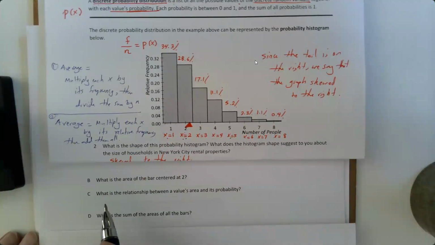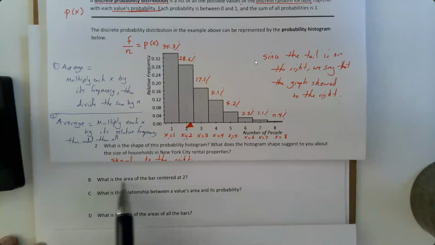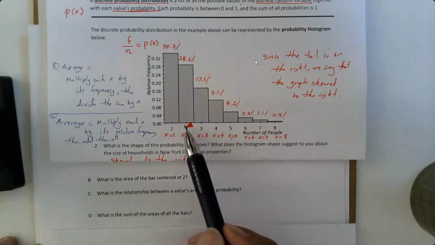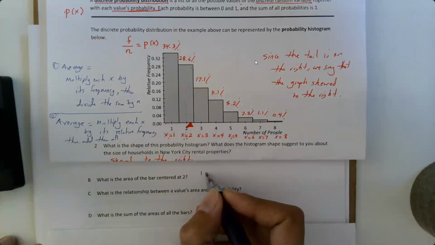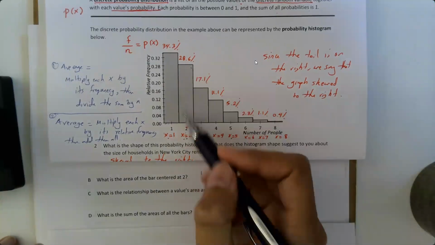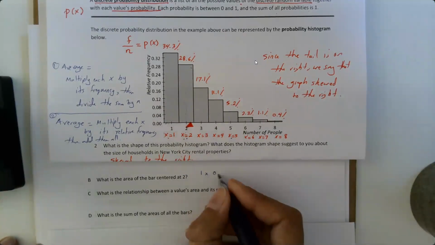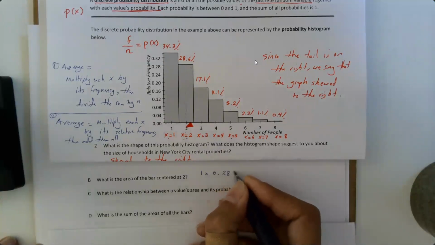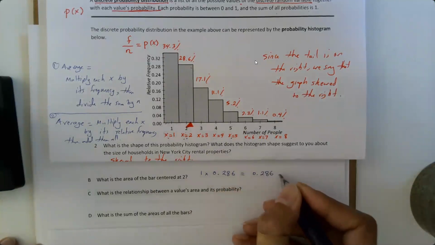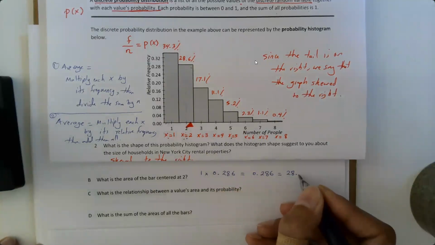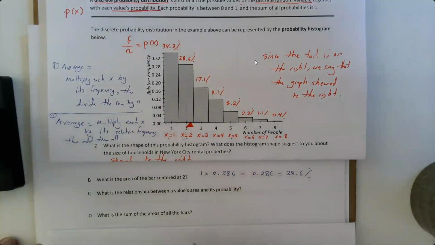Question says, what is the area of the bar centered at 2? We already answered this. We know that the bar is width times the length. The length is 0.286, so it is the same as its probability, 28.6%.